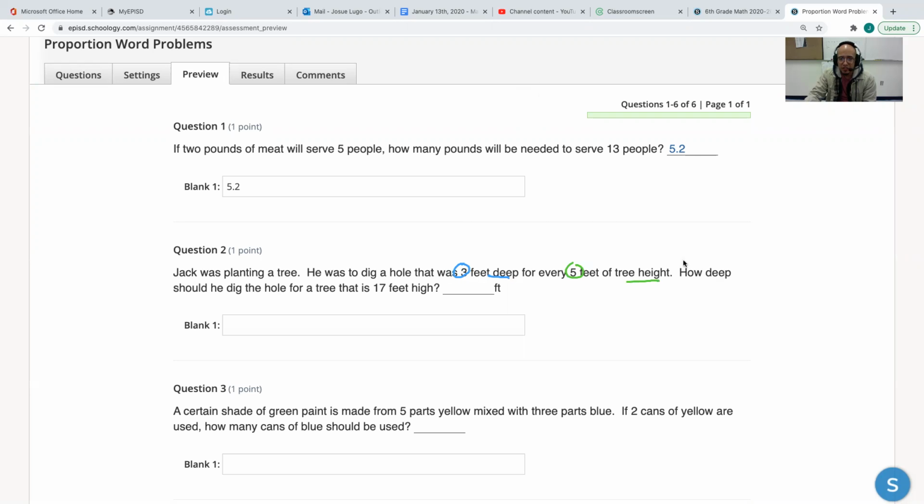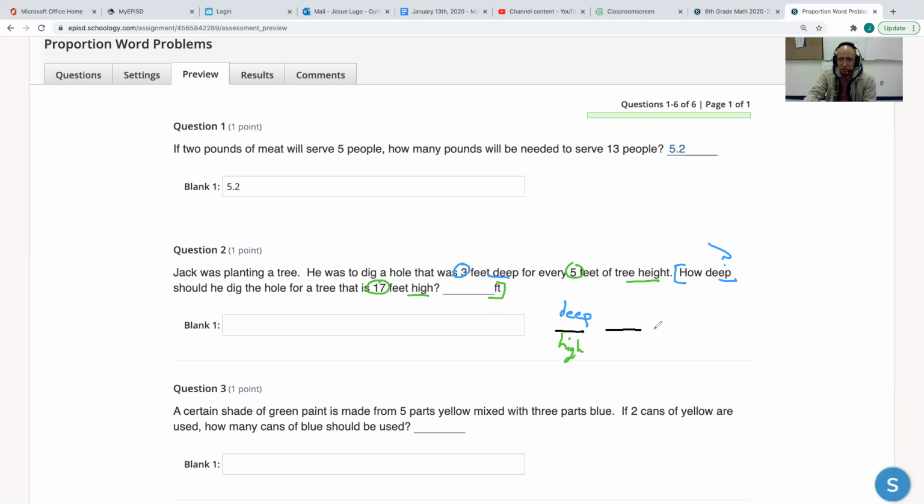The question is, how deep, so we don't know how deep, should he dig for a tree that is 17 feet high? Okay, what are the two things that I'm comparing? It seems to be depth, deep versus high, which is height. I'm just going to do deep and high.